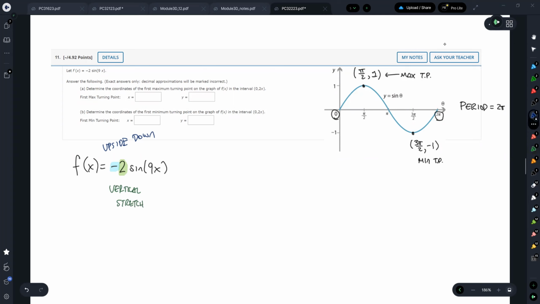We did this problem really quickly earlier, but I'm going to just recap it right here. Remember that the period is equal to 2 pi over the absolute value of b. In this case, my period is equal to 2 pi over 9.